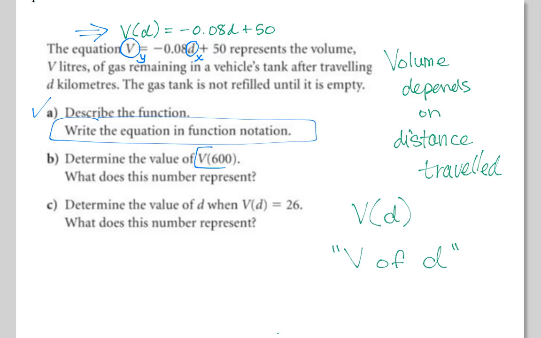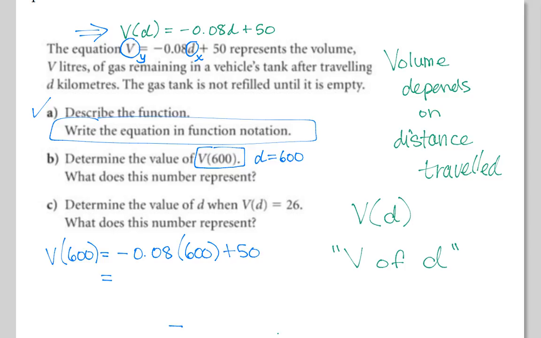Now, it wants you to determine the value of the volume when the distance is 600. All you have to do is go and change what? Change the d to 600. It'd be negative 0.08 times 600 plus 50. And you just pump that into your calculator. I got 2. Did you guys also get that?